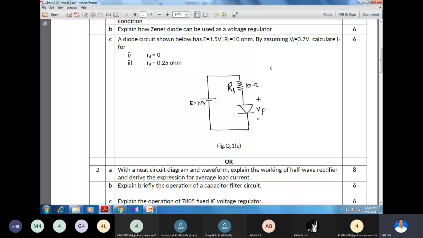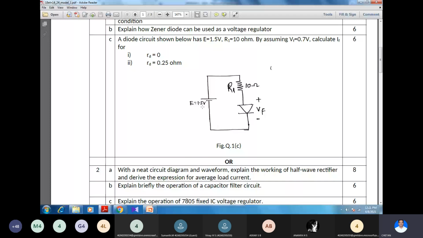So here in place of this diode we have a 0.7 battery, right? Now assuming a current flows in this direction, that current I would be equal to the resultant of these two voltage sources. The resultant of these two voltage sources is 1.5 volt minus 0.7 volt, which would be equal to 0.8 volt, divided by the resistance.